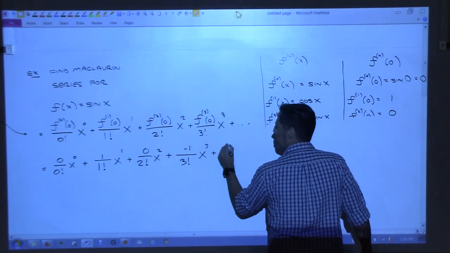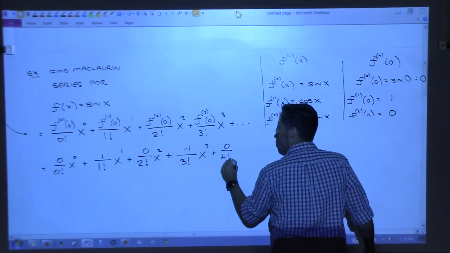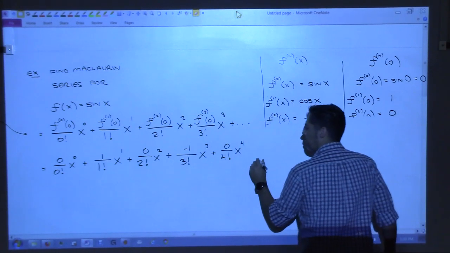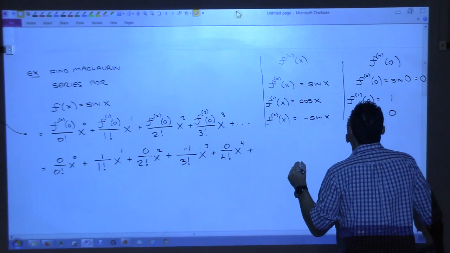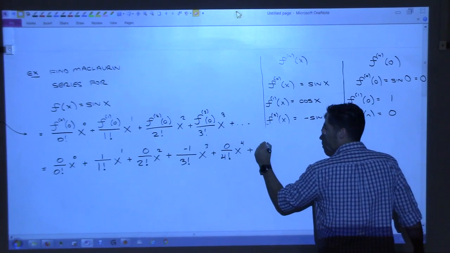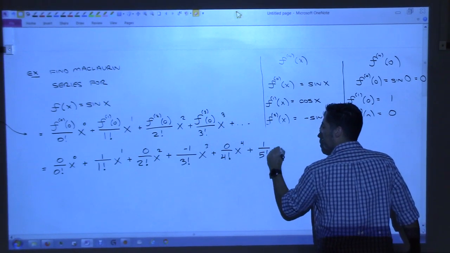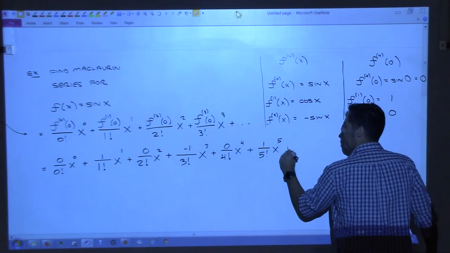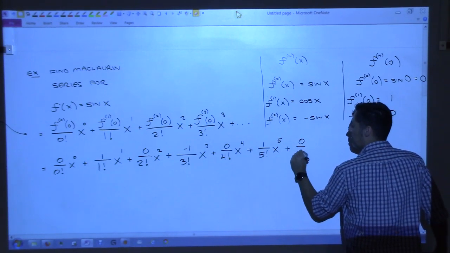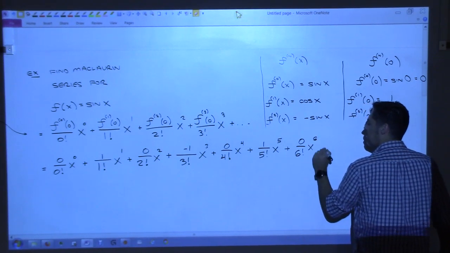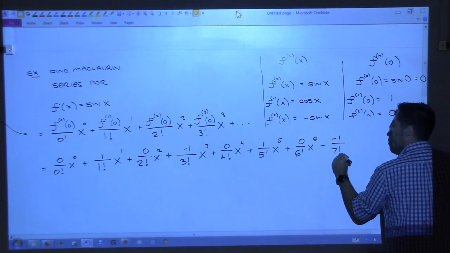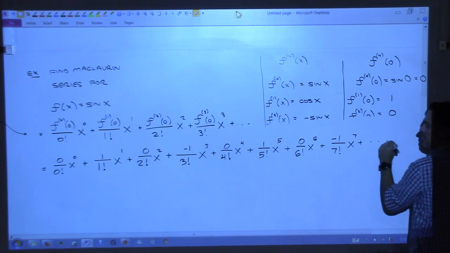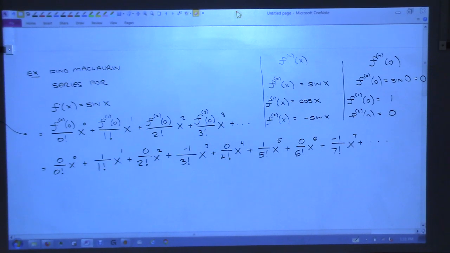Plus 0 over 4 factorial x to the 4th plus, so we just did 0, so we're now at 1, right? 1 over 5 factorial x to the 5th plus 0 over 6 factorial x to the 6th plus negative 1 over 7 factorial x to the 7th plus dot, dot, dot. I think that's good, right? A bunch of this stuff is about to go away.